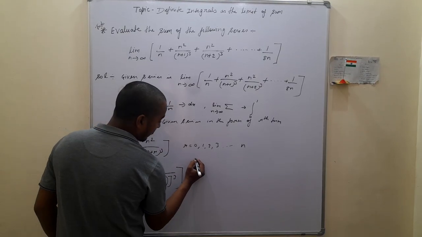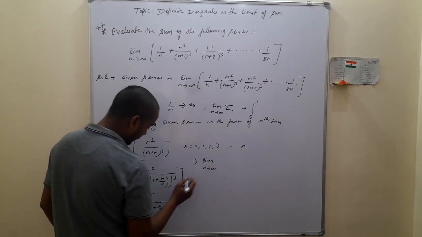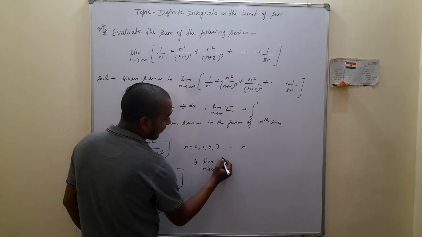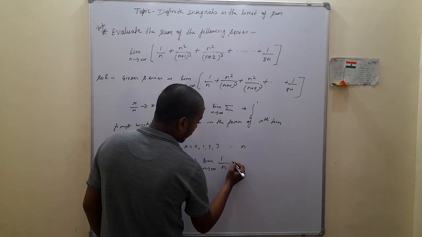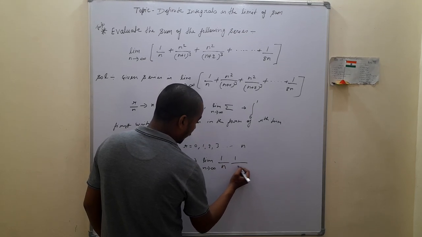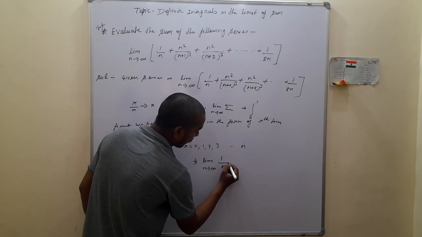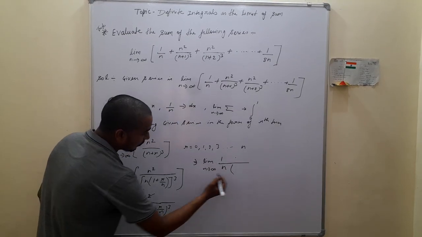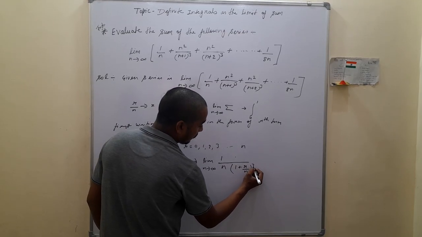So we write limit n tends to infinity, 1 upon n, into 1 upon (1 plus r upon n) cube.